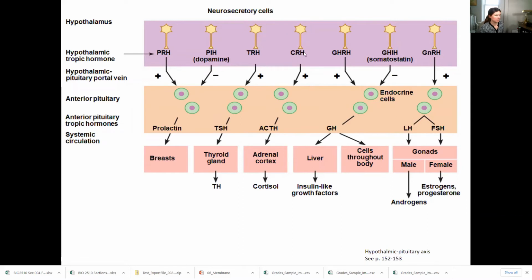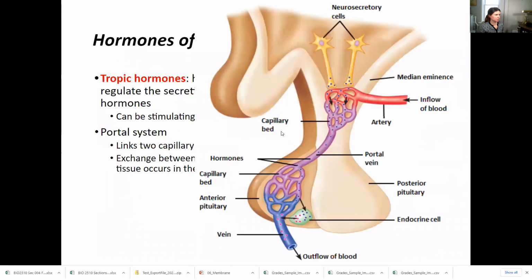We're talking about the fact that the hypothalamus is going to release CRH, that's the corticotropin releasing hormone. So that's a tropic hormone, right? A tropic hormone being one that affects the release of other hormones. It goes to the anterior pituitary, and we want to remember as we're doing that, the anterior pituitary is special because it has this portal system.